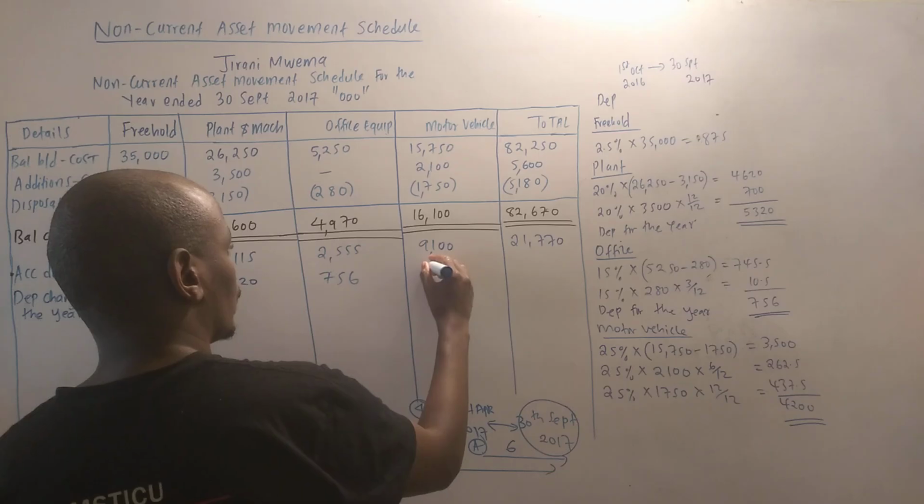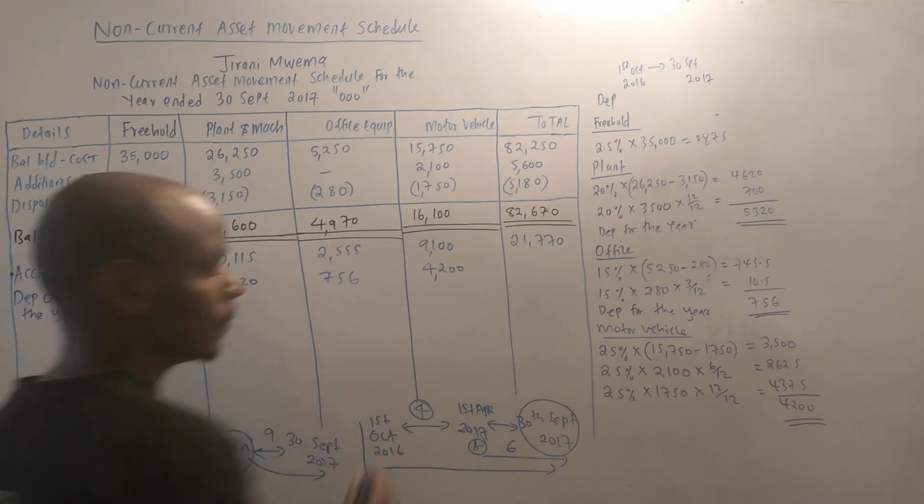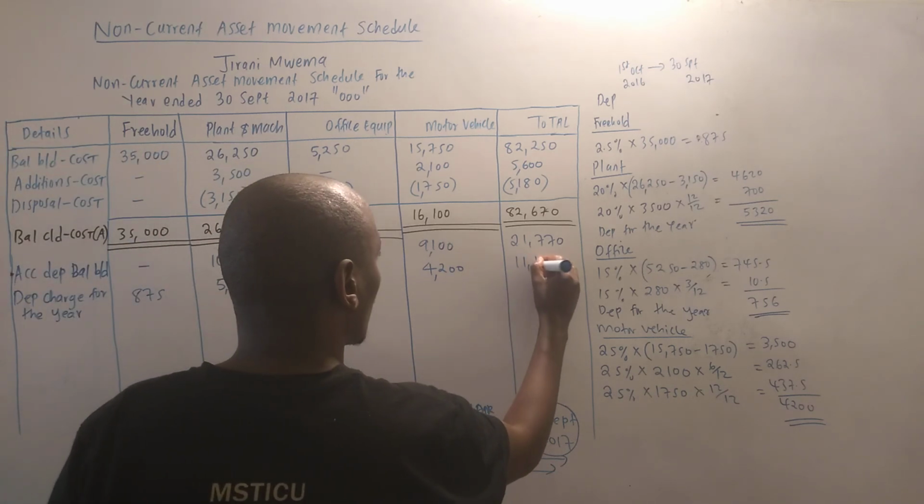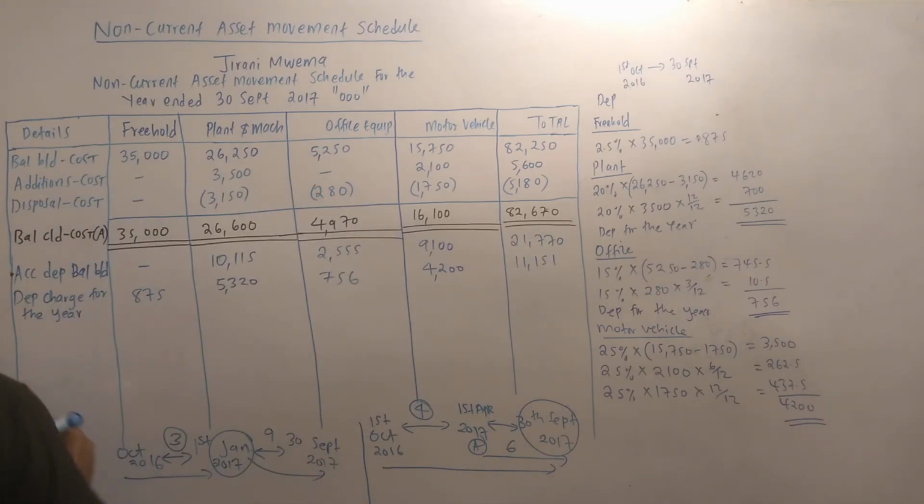So this one will be equal to 4200. Then you find the total: 875 plus 5320 plus 756 plus 4200, I get 11,151. 11,151. Then depreciation for disposal.